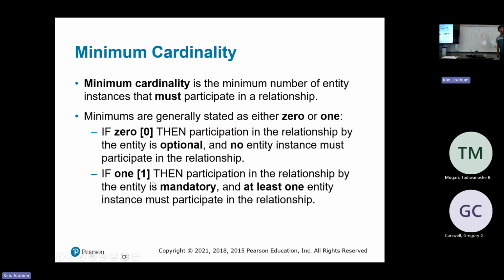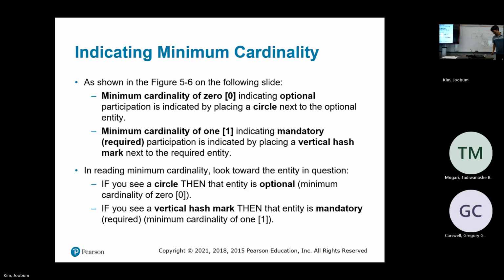And one means it must exist between two entities. That means it's mandatory, must. Okay. Or the inner symbol is the minimum of the relationship. Okay. The same.